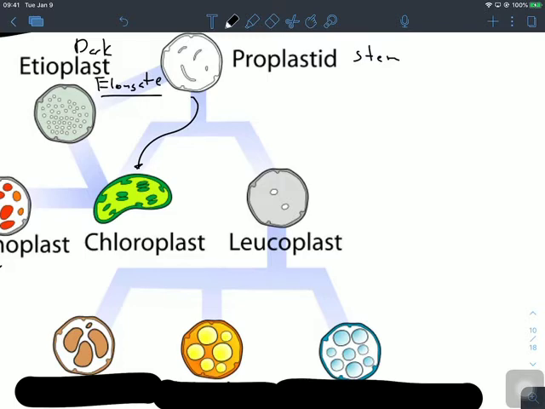So we're going to see this leucoplast specialize into different types of plastids. Leucoplasts generally are involved in monoterpene production. So they help make things called secondary metabolites for plants.